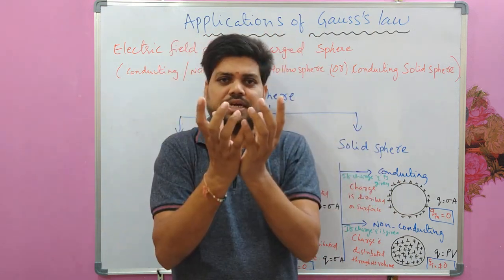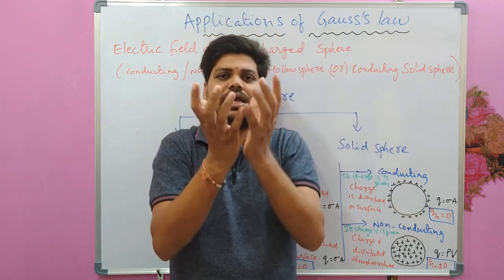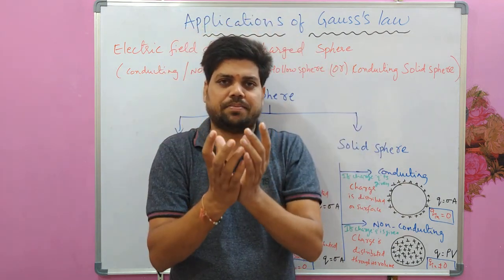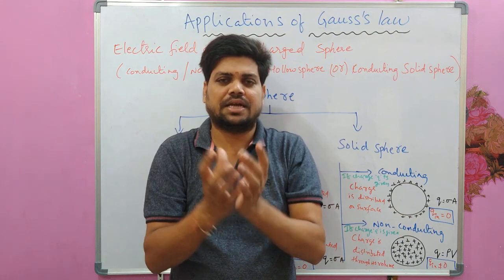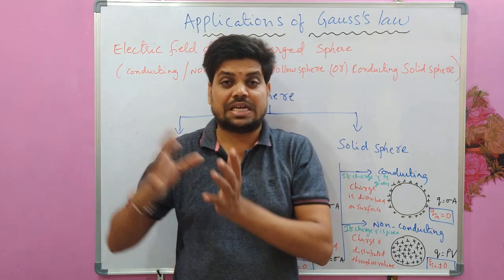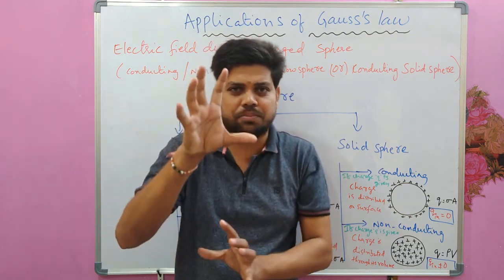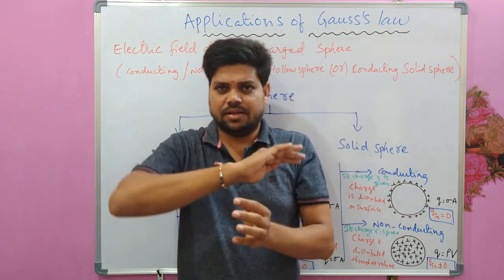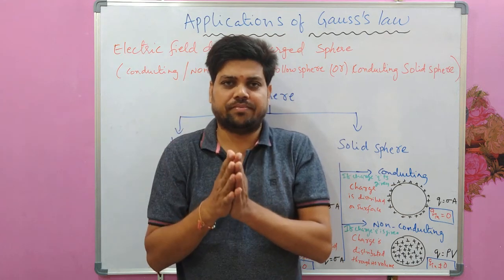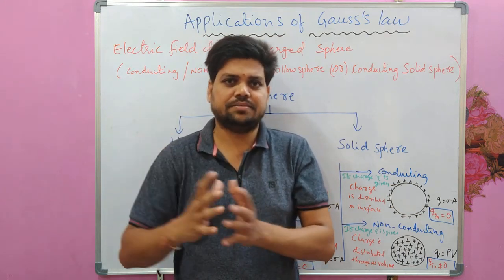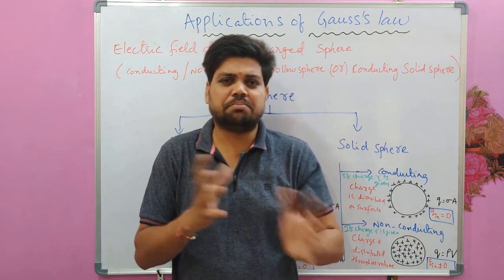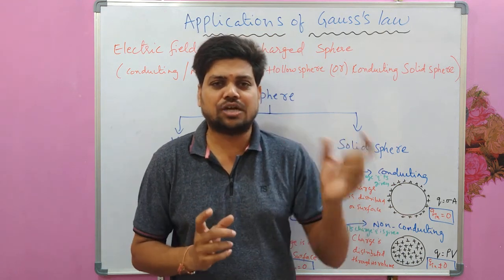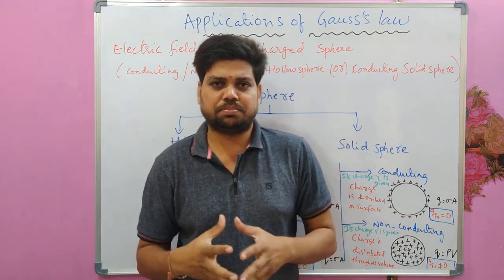There is nothing inside, only the outer layer is there, spherical in shape. That is a hollow sphere. Whereas a solid sphere is just like a shot put. There is no empty space inside. There is a material inside, matter inside. That is the basic difference between a hollow sphere and a solid sphere.